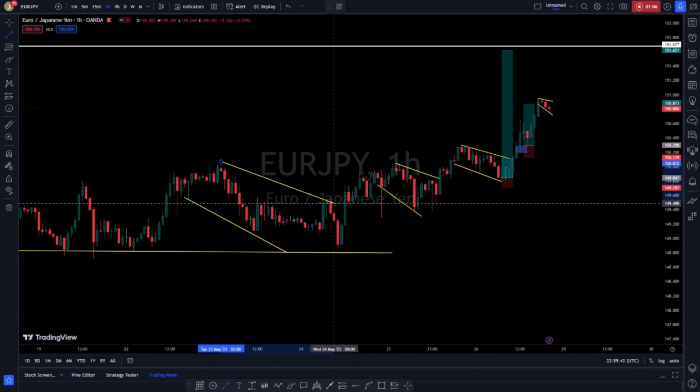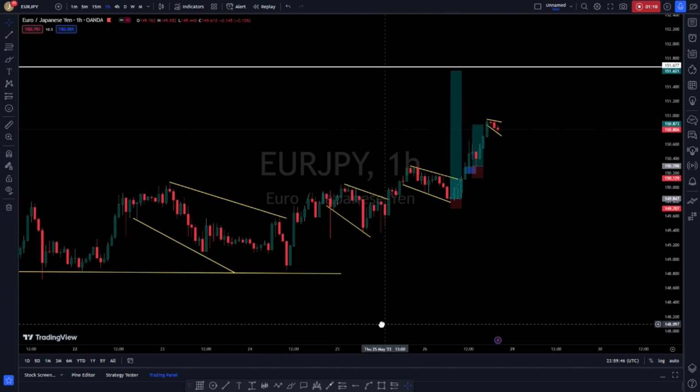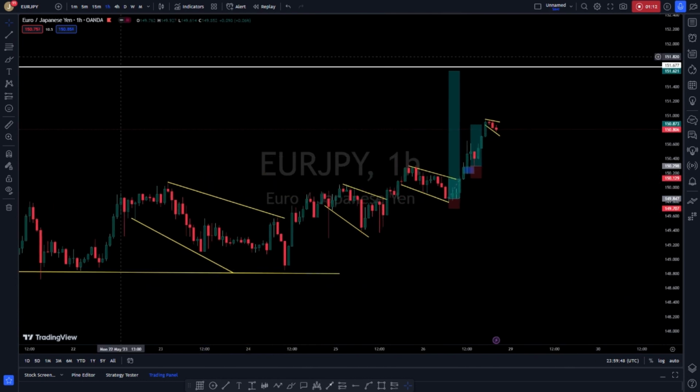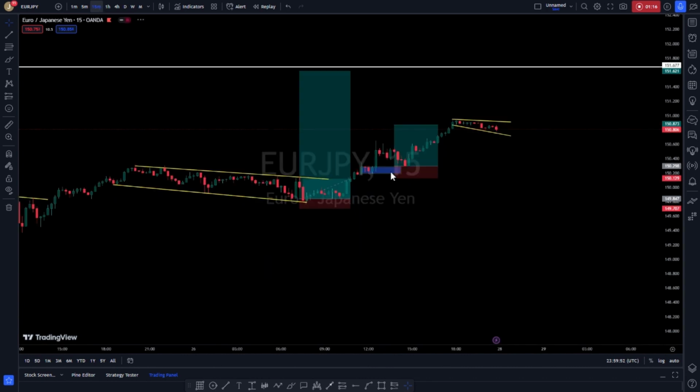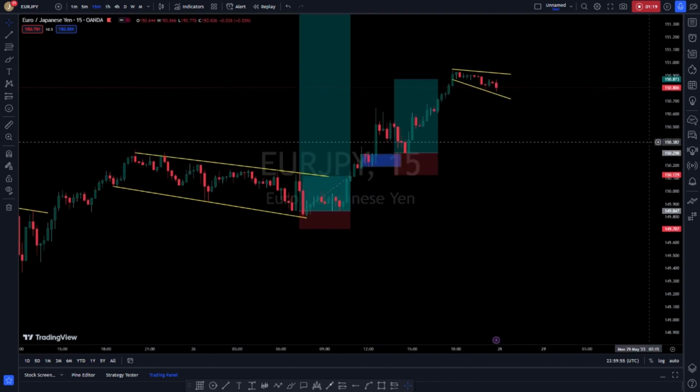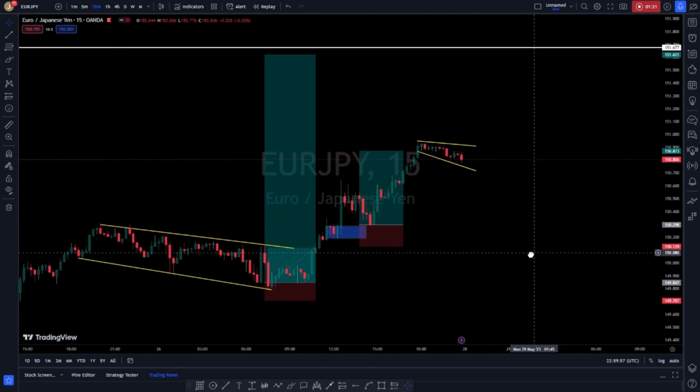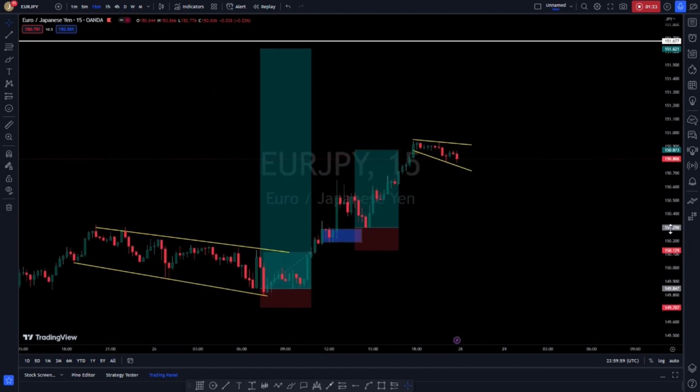So with that being said, what would actually be my ideal entry here? I was meant to enter this trade, but I was not around to take this trade.